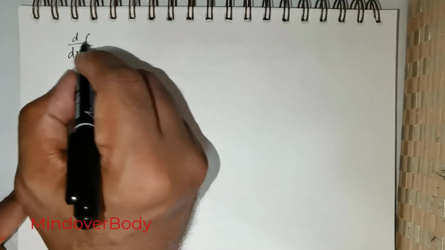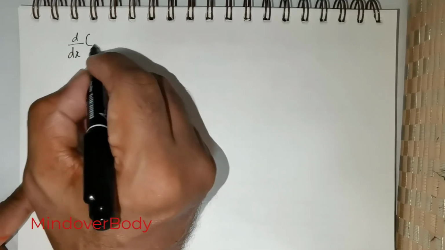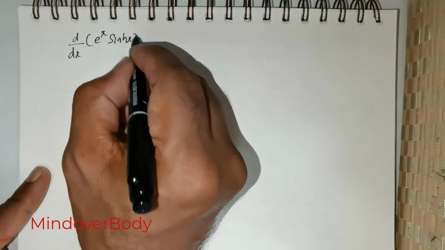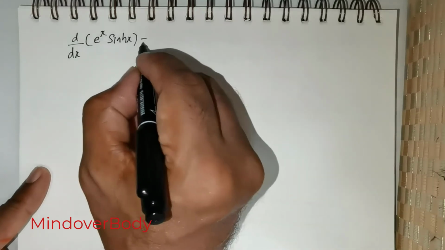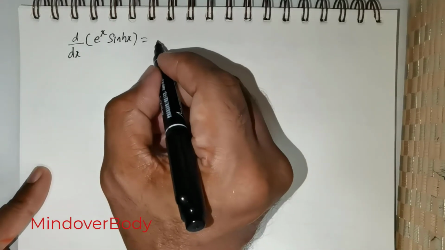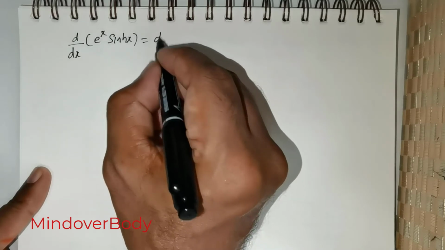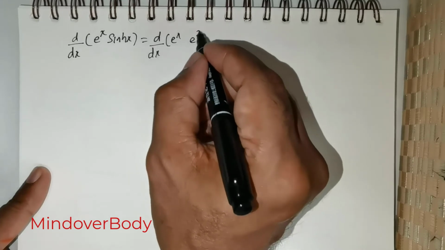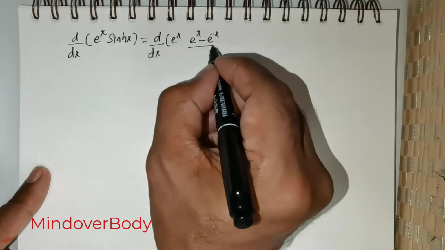So we will now start off with our differentiation questions. We are expected to differentiate d over dx of e raised to the power of x times sinh x. You can either use the UV method directly, but it is okay. What I'm going to do is rewrite this sinh x as e raised to the power of x minus e raised to the power of negative x, divided by 2.